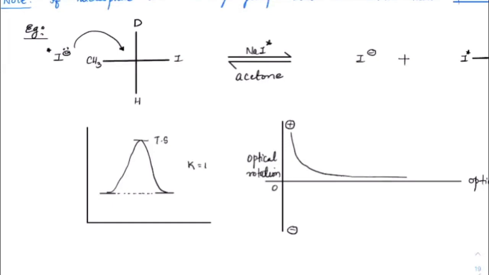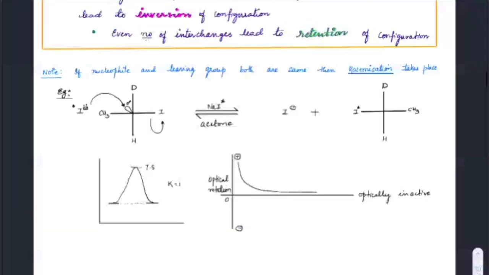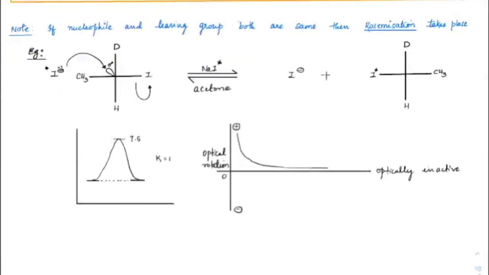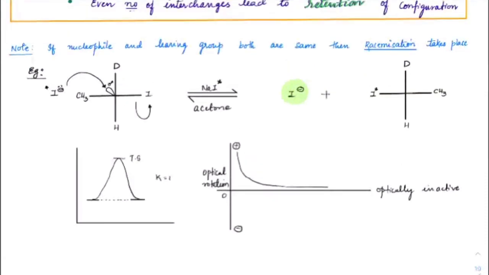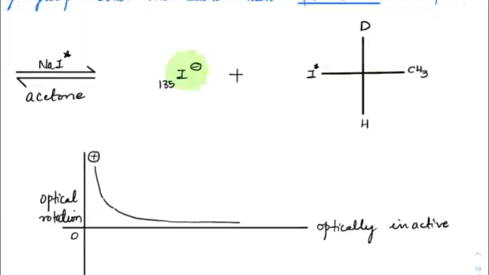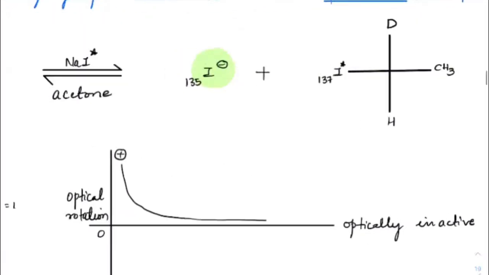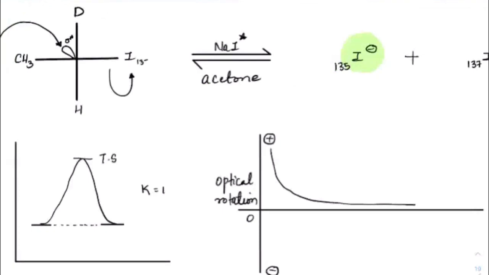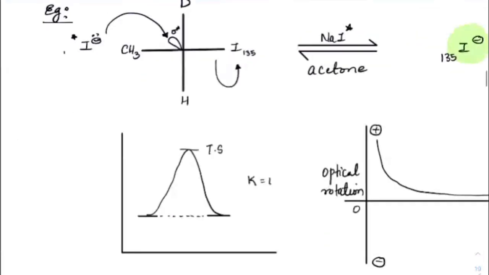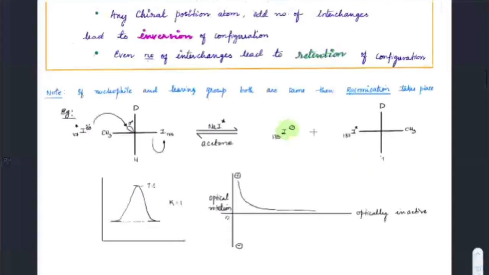So here it is attacking from the backside on the sigma star, and this iodine has to leave from here, then in the presence of acetone, what I'm getting is the I minus, which is the other isotope, 135. I'll just label it 135, and this iodine which has come in is 137. This was 135 and this is 137, which has replaced it. Okay.